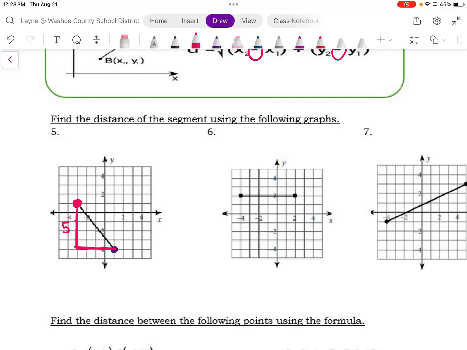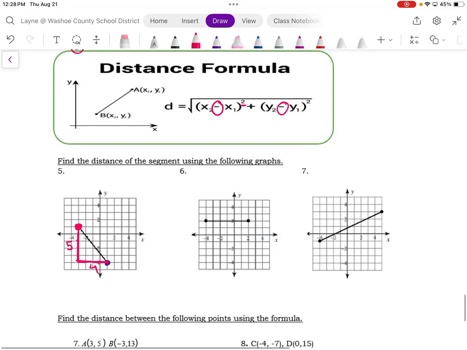And I count how far I went over. 1, 2, 3, 4. So I went over 4. All right. And then from there, those are the values that we're going to square in the distance formula. So it's going to be 5 squared plus 4 squared that we're using in the formula to find the hypotenuse, or this long side of the triangle.